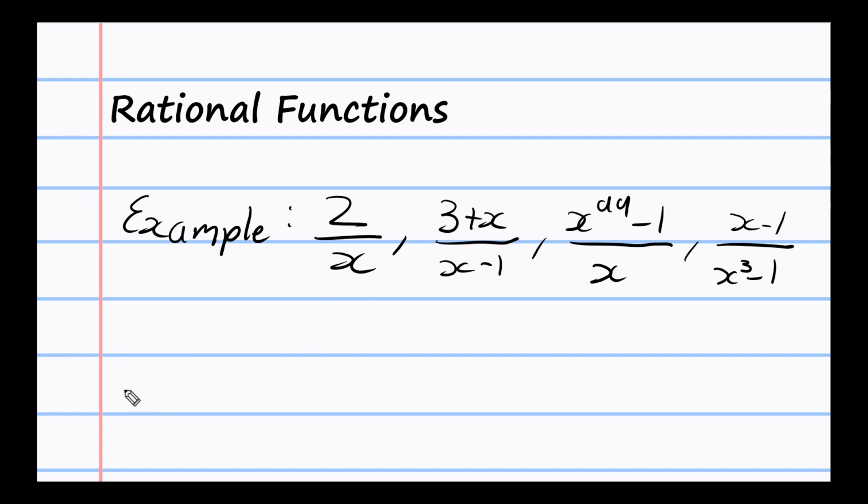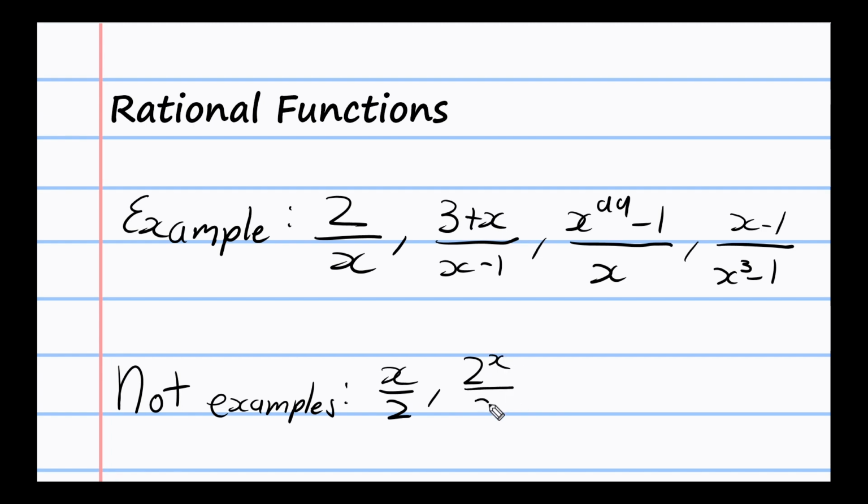Here are examples of what aren't rational functions. X divided by 2. The bottom always has to be a polynomial. 2 to the x divided by x. 2 to the x is not a polynomial.